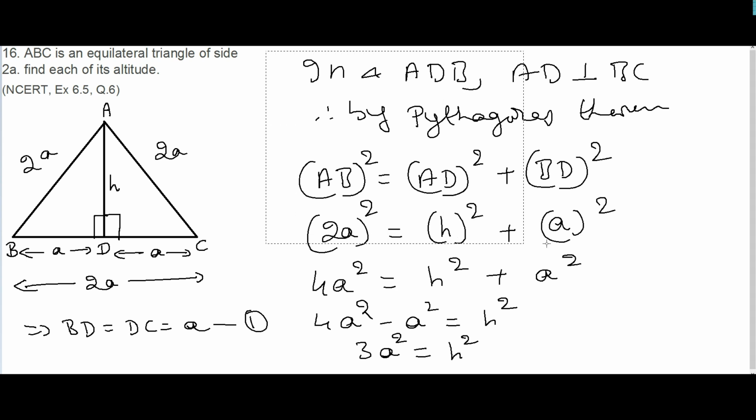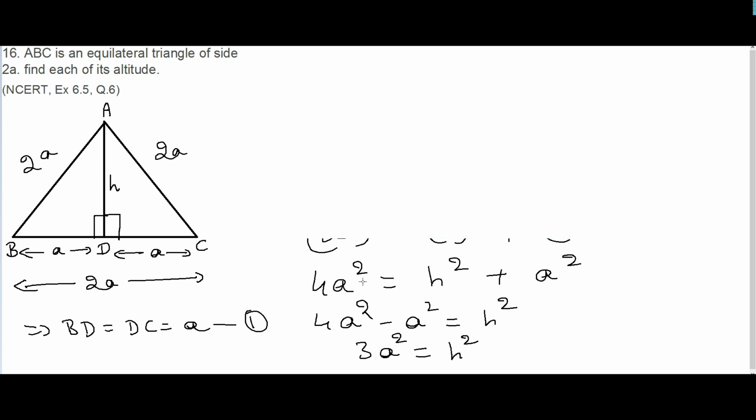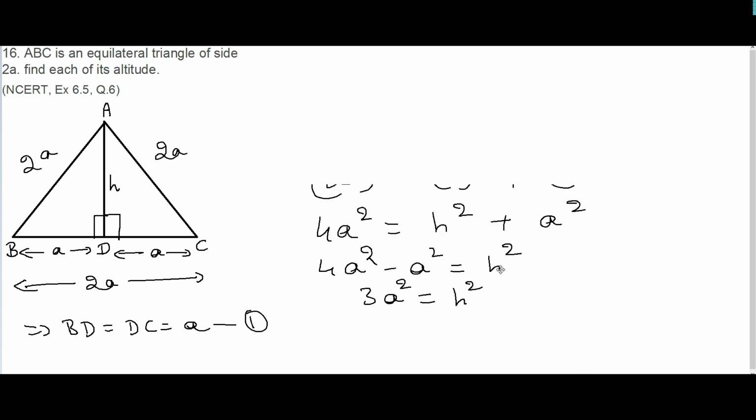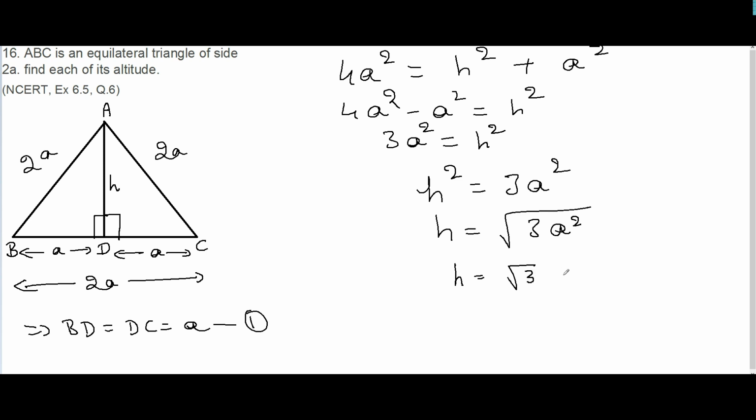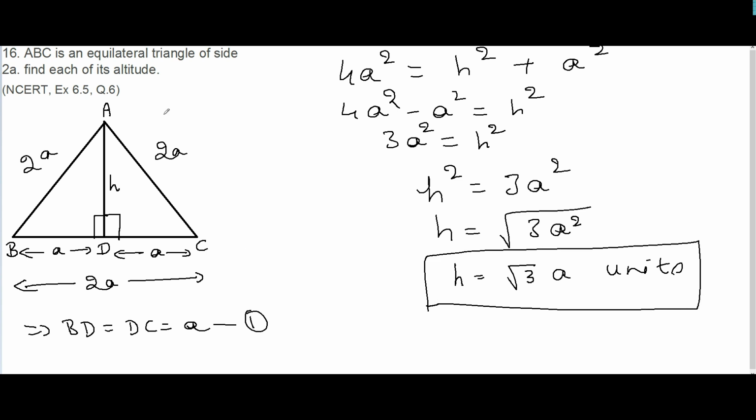So, we have to find what h is. h square is equal to 3a square. h is nothing but root of 3a square. So h is nothing but root 3 a units. This is the height of this particular triangle with sides 2a.